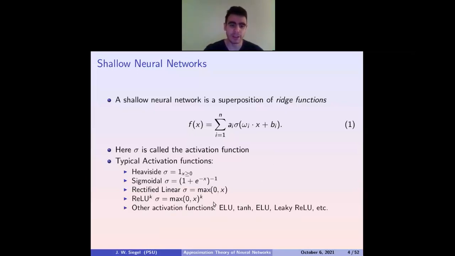Recently, the activation functions that have become more popular are the rectified linear units and the kth power of the ReLU. The ReLU function or hinge function is basically the integral of the Heaviside, and ReLU to the k is the kth power. There's a bunch of other activation functions people have considered, but in this talk we'll just stick with these four: Heaviside, sigmoidal, the ReLU, and ReLU to the k.